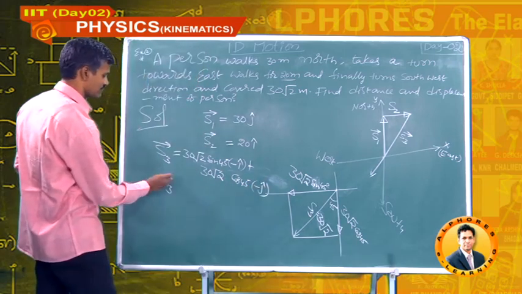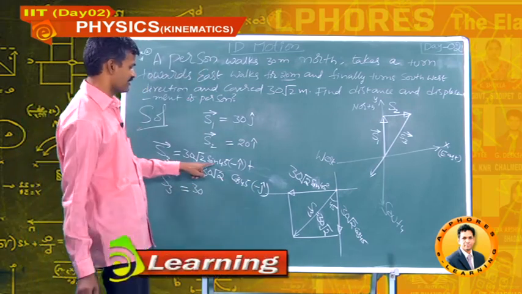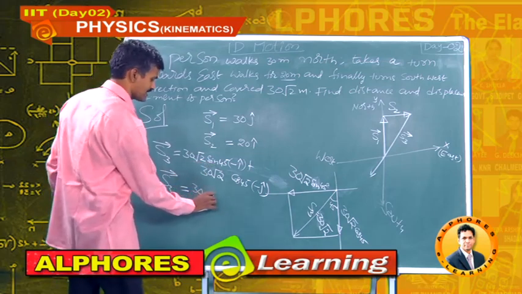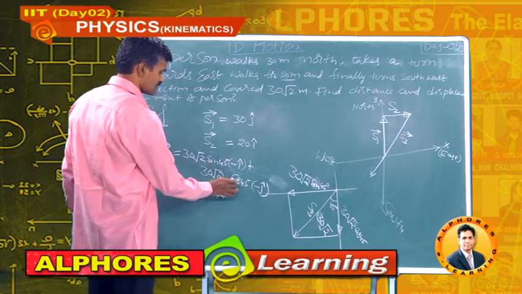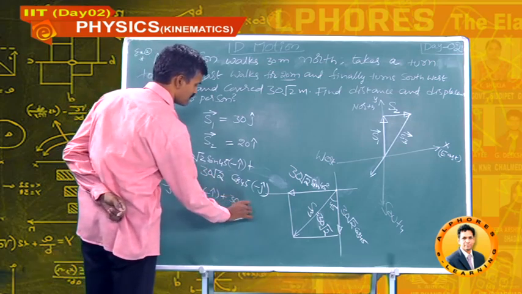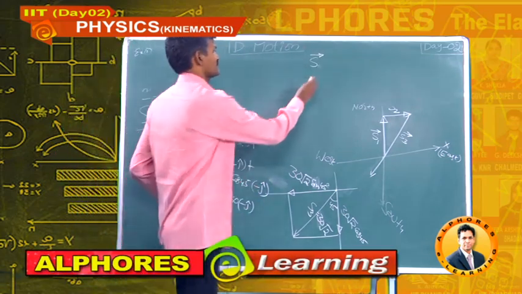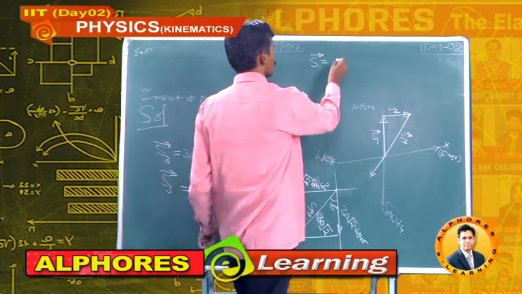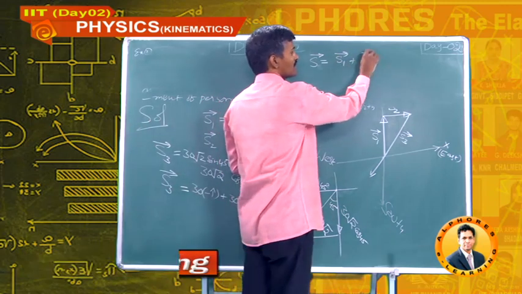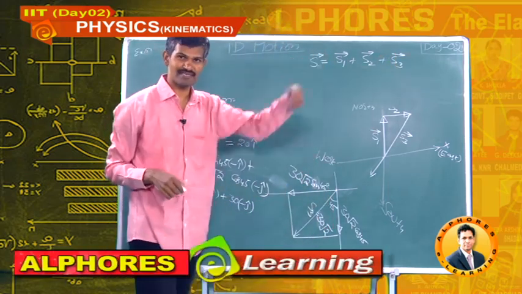So this S3 bar is: 30 root 2 sin 45 is 30, since sin 45 is 1 by root 2 and the root 2 gets cancelled. So this is 30 into minus i cap, plus cos 45 is also 1 by root 2, the root 2 gets cancelled, so this is 30 into minus j cap. Total displacement S bar is S1 bar plus S2 bar plus S3 bar.